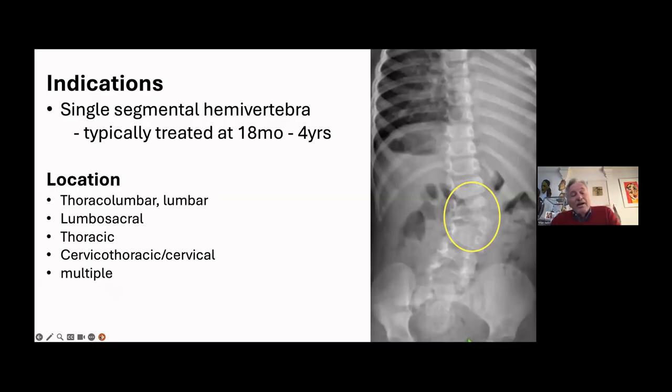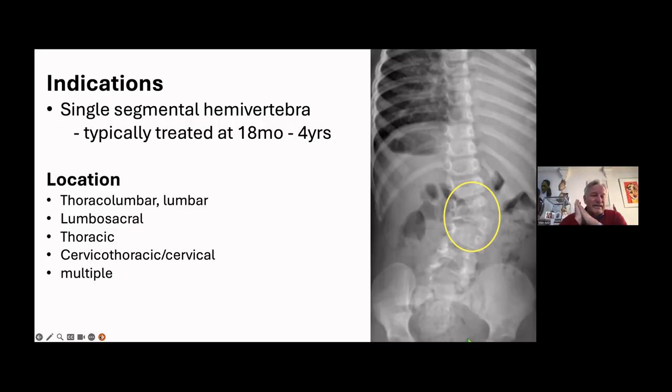So the indications depend, of course, on what the classification is, as we have seen. So the classical indication is the so-called single segmental hemivertebra, which usually is treated between 18 months and 4 years. We always say it should be done before the age of 5.